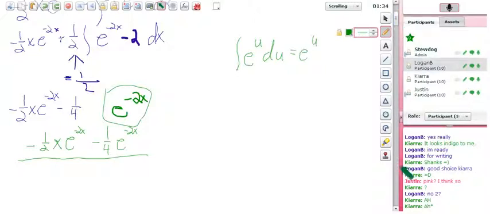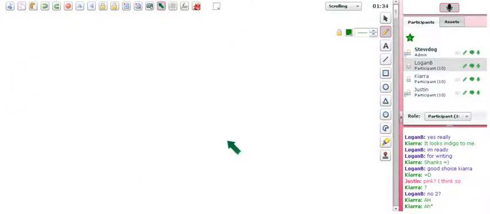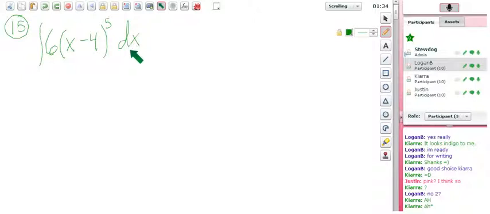Number 15. Does that work? I think so. So now we have to decide, do we use integration by parts, or is this maybe a function that we use older integration strategies for?